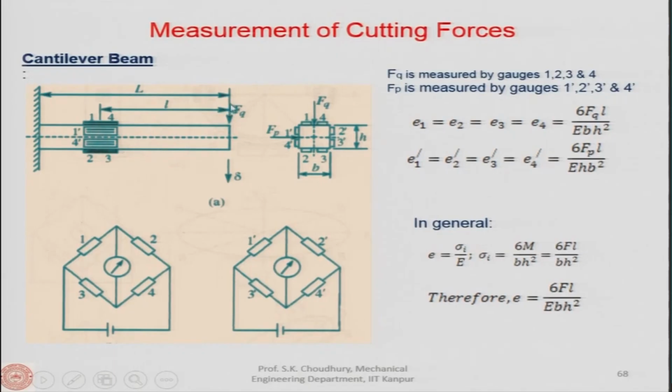Now, to measure these forces Fp and Fq, we can have two sets of 4 strain gauges, so that both Fp and Fq can be measured. If you see here, these show the 2 sets of 4 strain gauges: 1, 2, 3, 4 will be attached on this surface, 1, 2, 3 and 4.